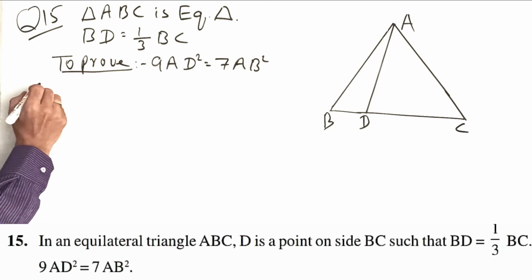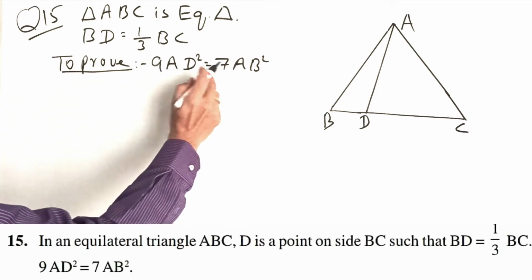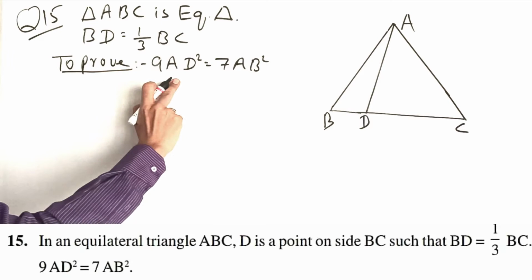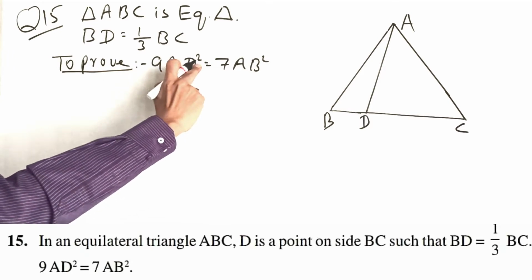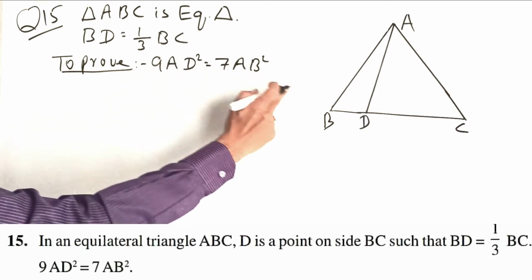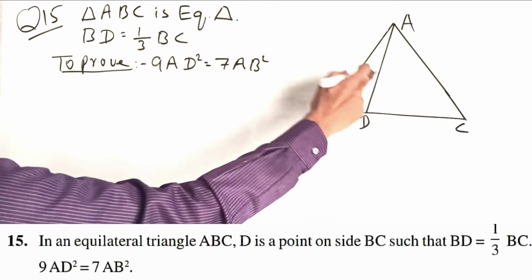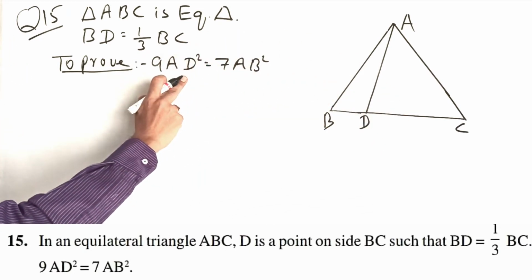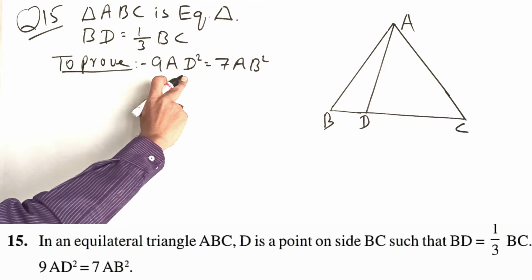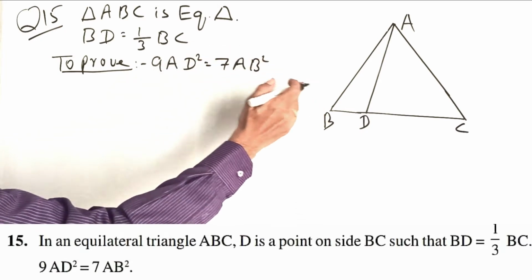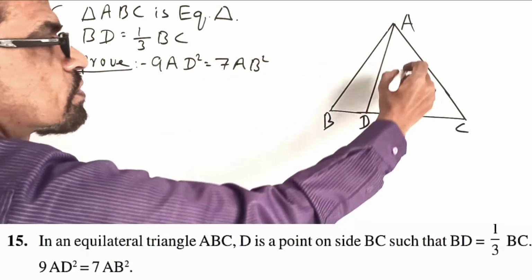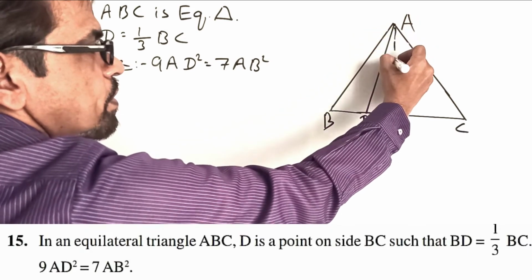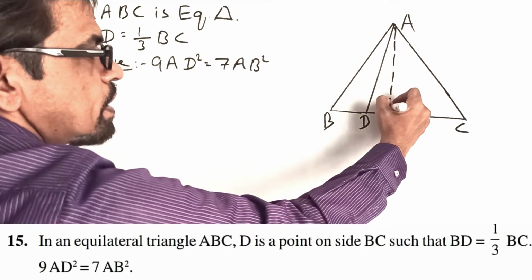Okay student, now listen student, in geometry we have to make the strategy. Squares are given, AD square, AB square, but here no right angle triangle, because squares we get when we apply the Pythagoras theorem. We cannot apply it here because there is no right angle, so we have to make one perpendicular, means construction AE.